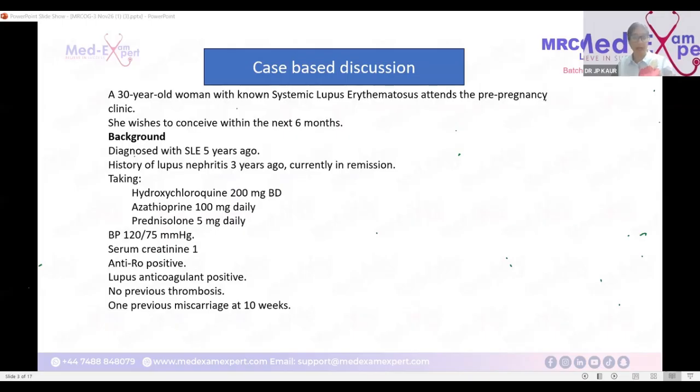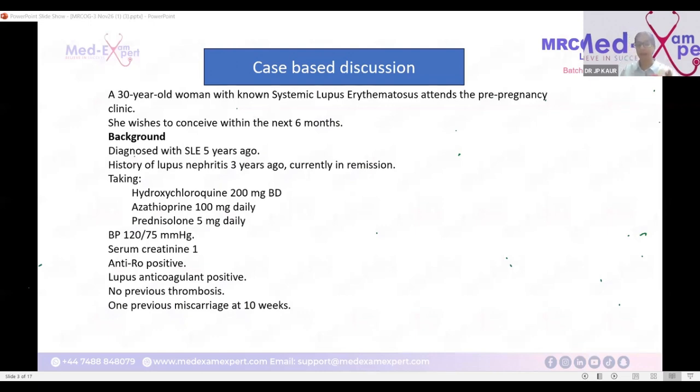You will check for rubella vaccination. You will also check whether she is on folic acid or not. Then about the disease, you will check what medications she is taking, as written here: hydroxychloroquine, azathioprine, and prednisolone.